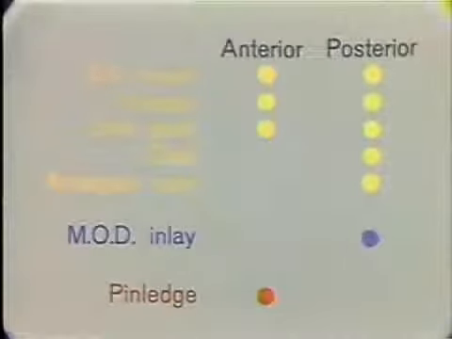The MOD inlay is a good bridge retainer if correctly designed and is used of course on posterior teeth only. The pin ledge, a very good, very conservative restoration, is used on anterior teeth, and to some degree is largely replacing the three-quarter crown on anterior teeth.